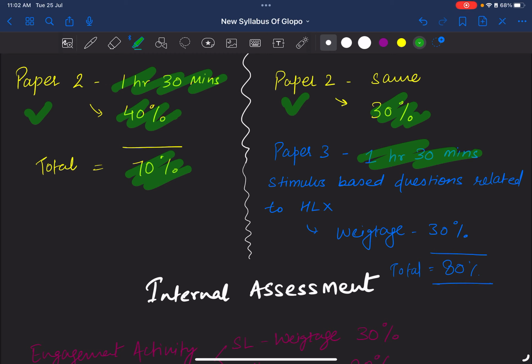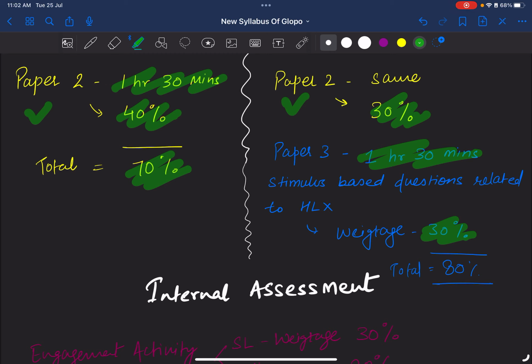Paper 3 stimulus-based questions related to HLX, right? So here we are not calling it internal assessment. Earlier, oral presentation was part of internal assessment. Now, oral presentation would be part of external assessment. Now, paper 3 would be there, which would be a stimulus-based paper, and the weightage would be 30%.